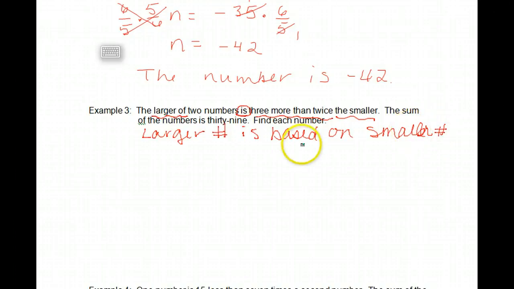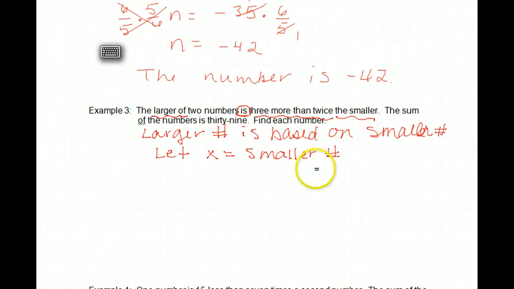Since the larger number is based on the smaller number, when we write our let statements, we can let our variable, and I'm just going to use x, represent the smaller number because it's going to be our starting point. So I'm going to let x equal my smaller number.